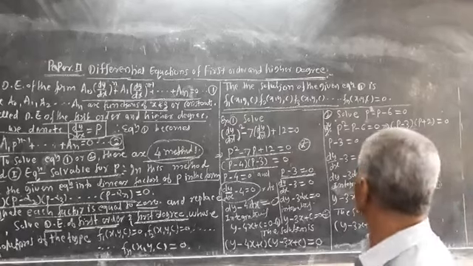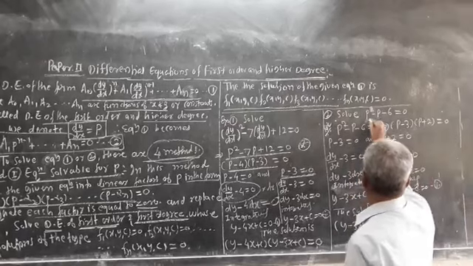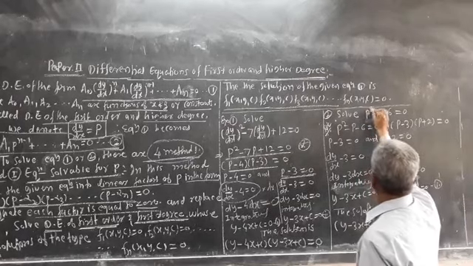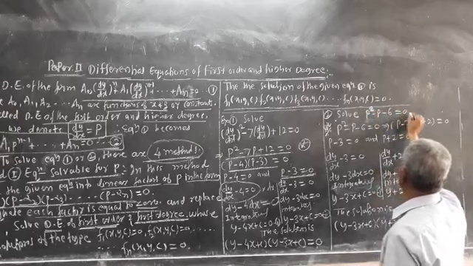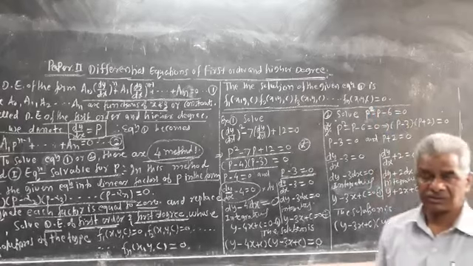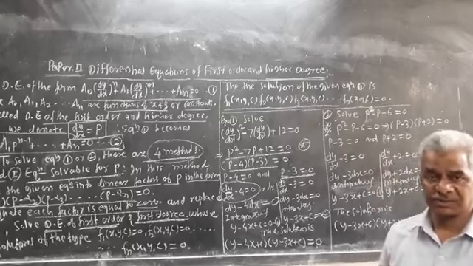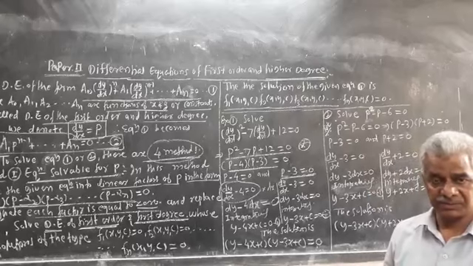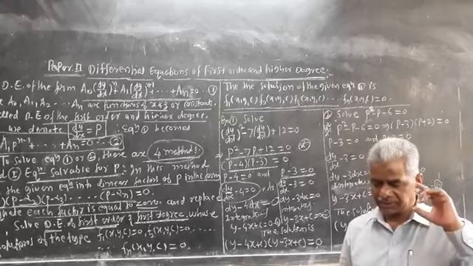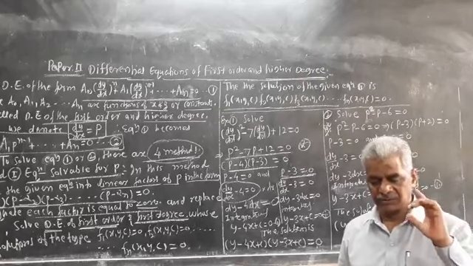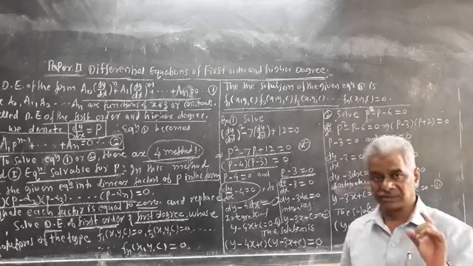Consider one more example. Solve the equation p square minus p minus 6 is equal to 0. Since this given equation contains p directly, generally the very first step is that you have to identify which type the given equation is.